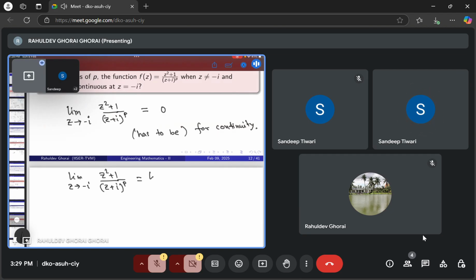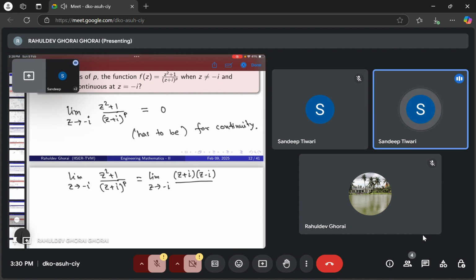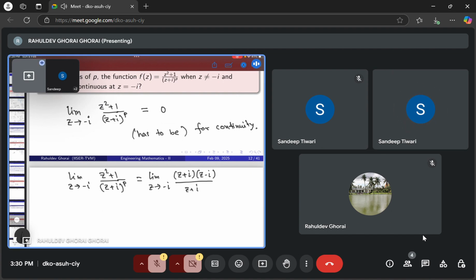But you can do it also like this. See, z tends to minus i. z square plus 1 can be written as (z plus i) times (z minus i), right? Yes, sir. Then (z plus i) to the power p.